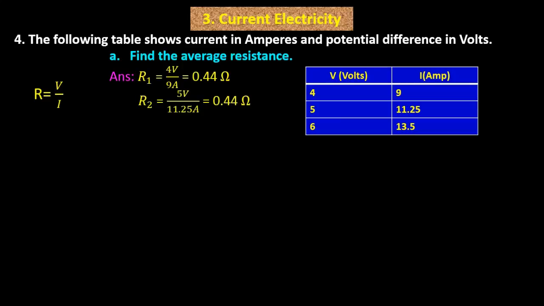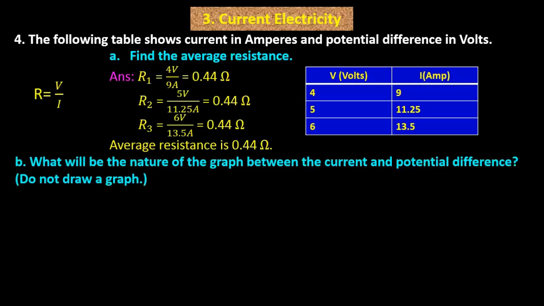R2 = 5 / 11.25 = 0.44 ohm. R3 = 6 / 13.5 = 0.44 ohm. Therefore, average resistance is 0.44 ohm.